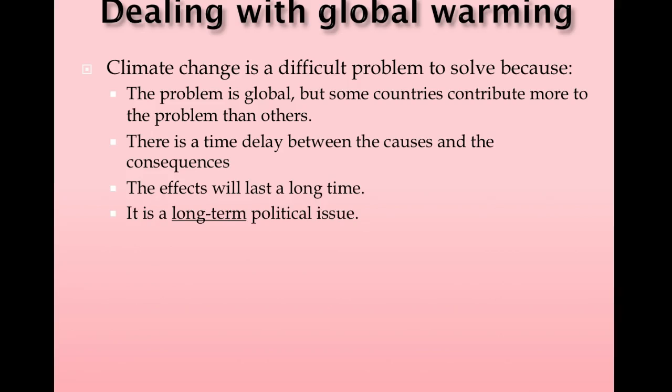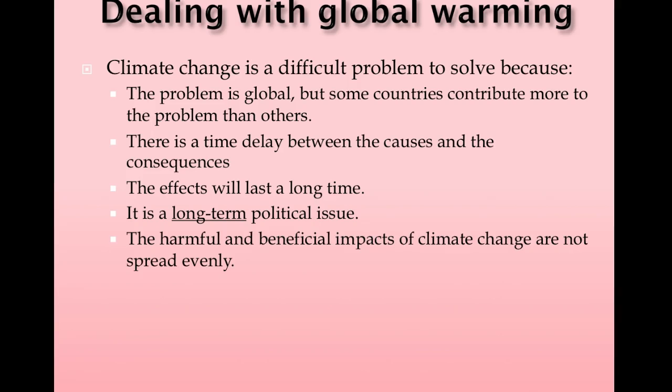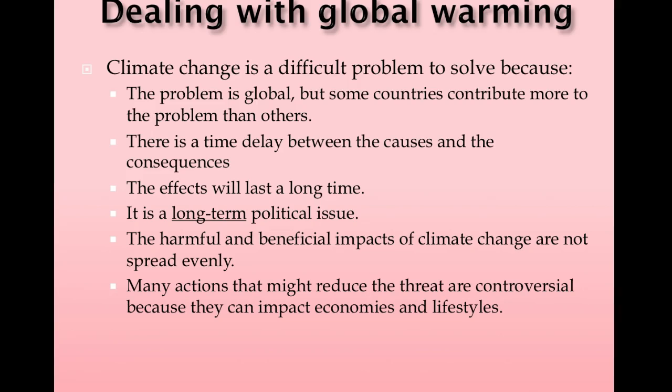The effects last a long time. It's a political issue. The benefits and harmful impacts are not evenly spread. And many actions that might reduce it could cause economic and lifestyle changes for other countries who can't afford to make those changes.